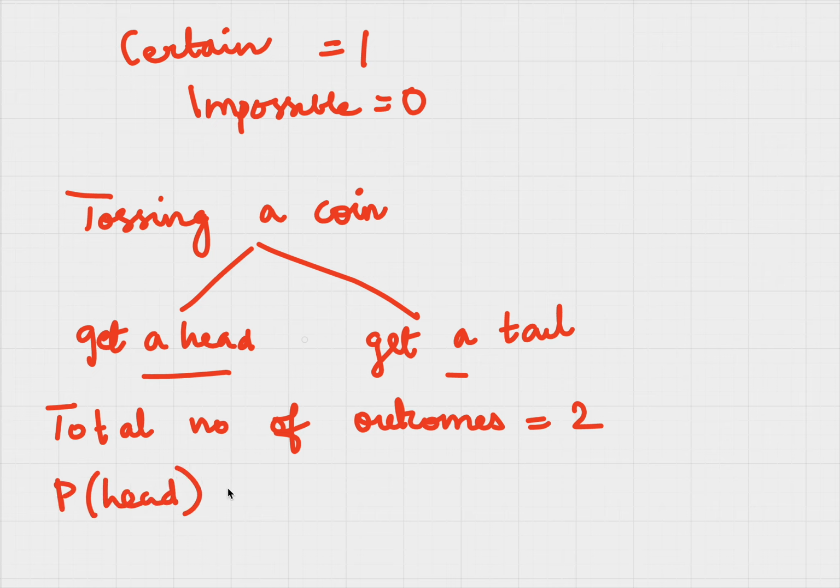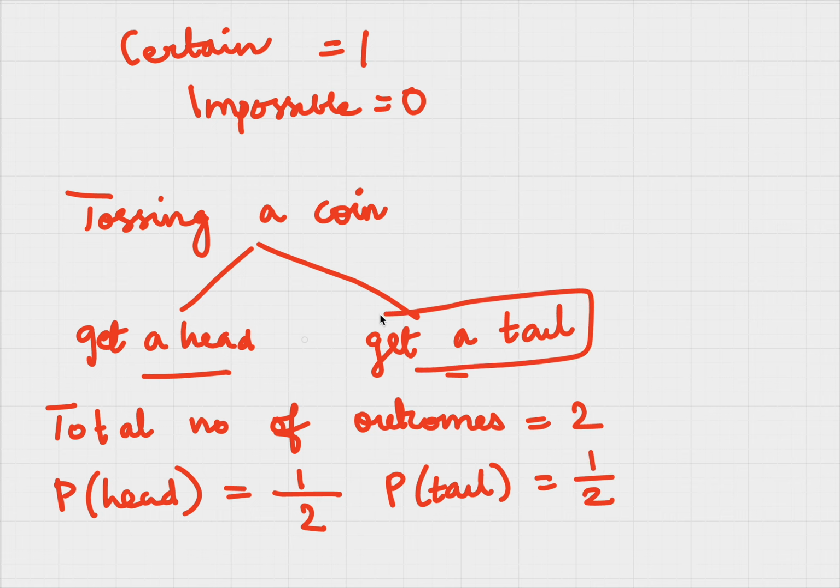What is the probability that I'll get a head? One of the outcomes favors head, by the total number of outcomes, 2. So the probability of getting a head is 1 by 2. Similarly, the probability of getting a tail is also 1 by 2, because there is only one outcome which favors getting a tail, and the total number of outcomes is 2.